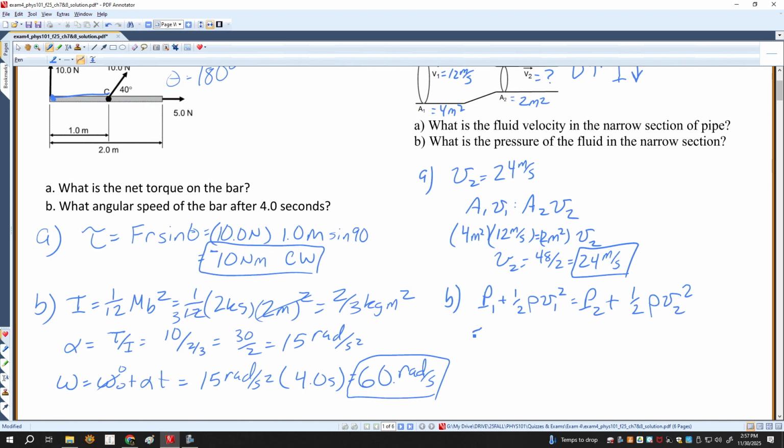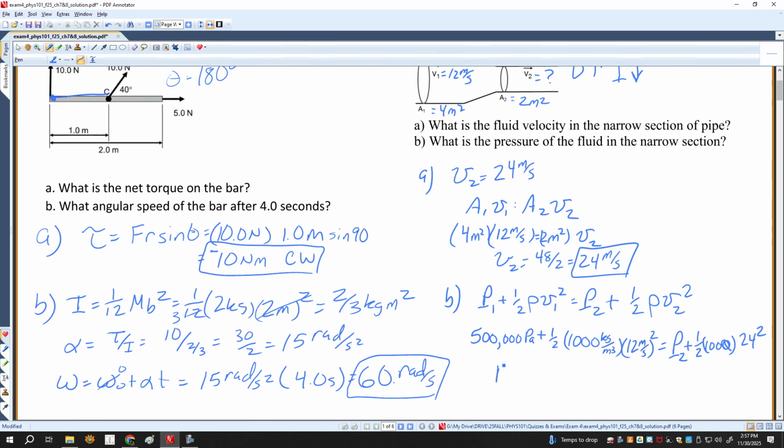That P1 is 500,000 pascals plus 1/2. The density of water is 1,000 times V1. What was V1? 12. That's equal to P2 plus 1/2 times 1,000 times 24 squared.